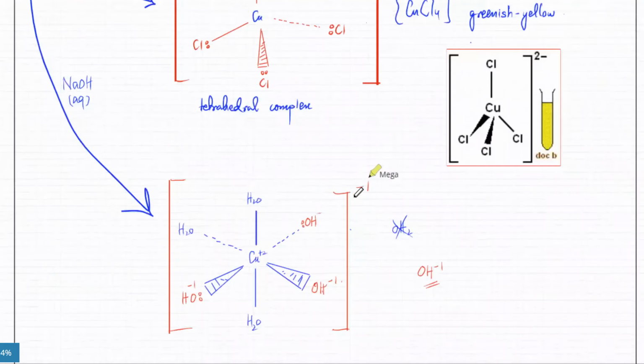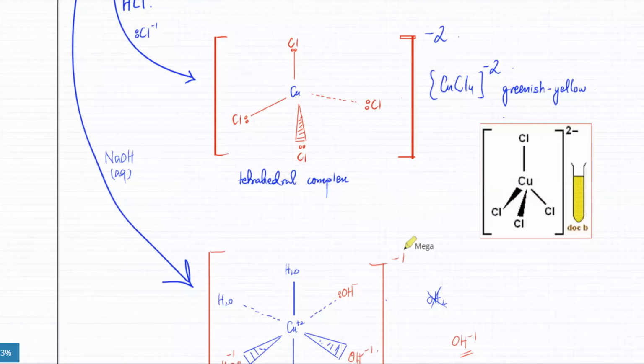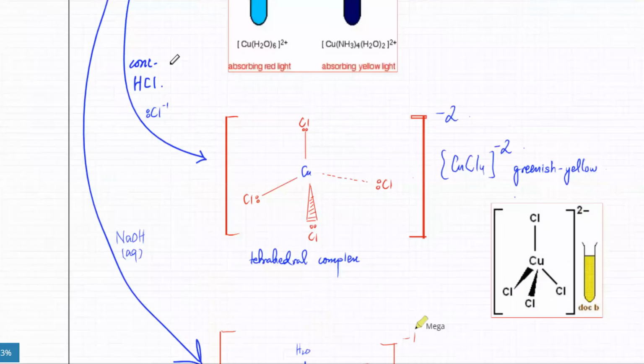We can assume that this is dilute NaOH we are talking about, unlike this one, not concentrated HCl. That could be one of the reasons you're using concentrated HCl over here. Let's simply state this as dilute NaOH.